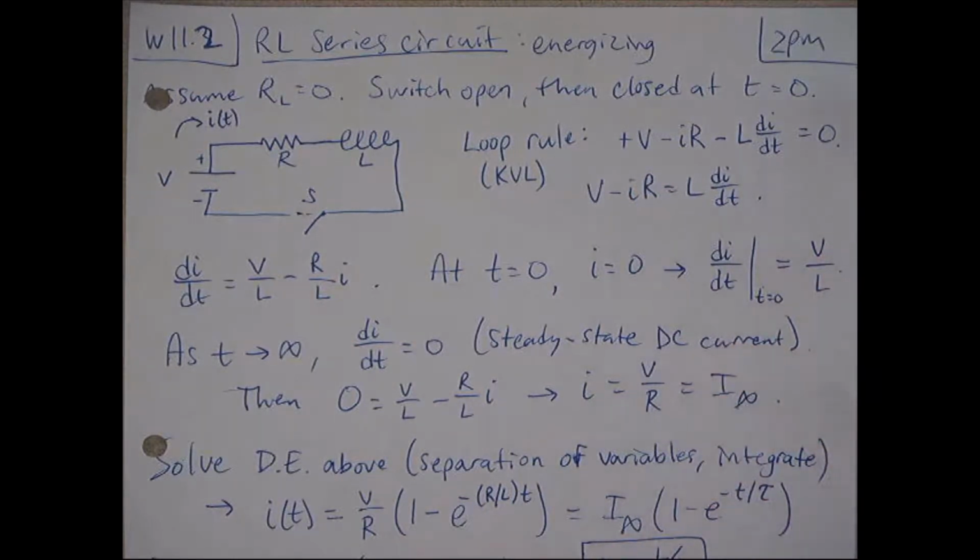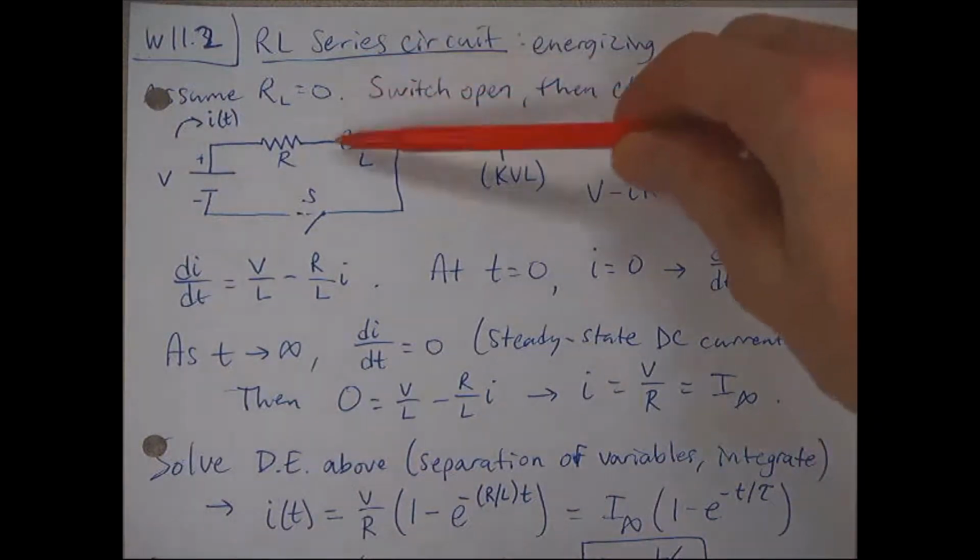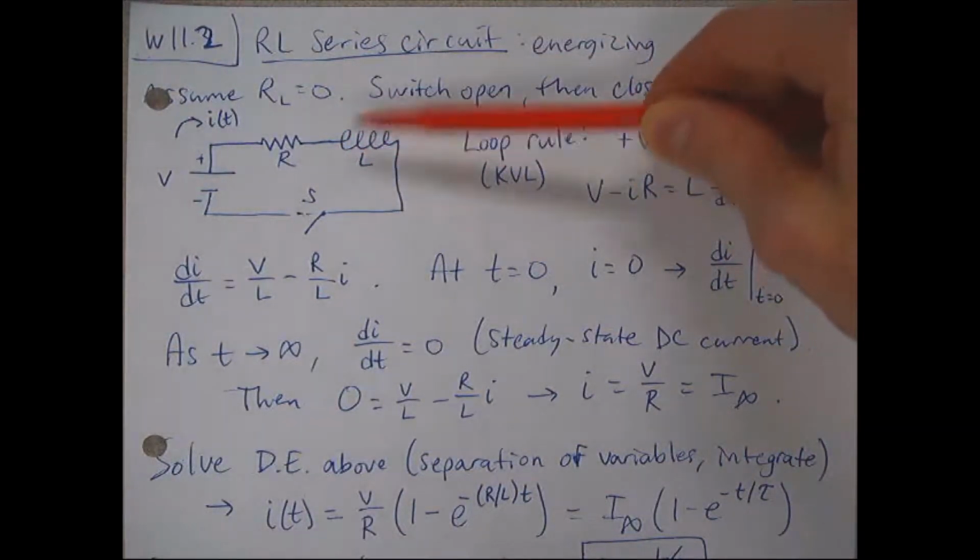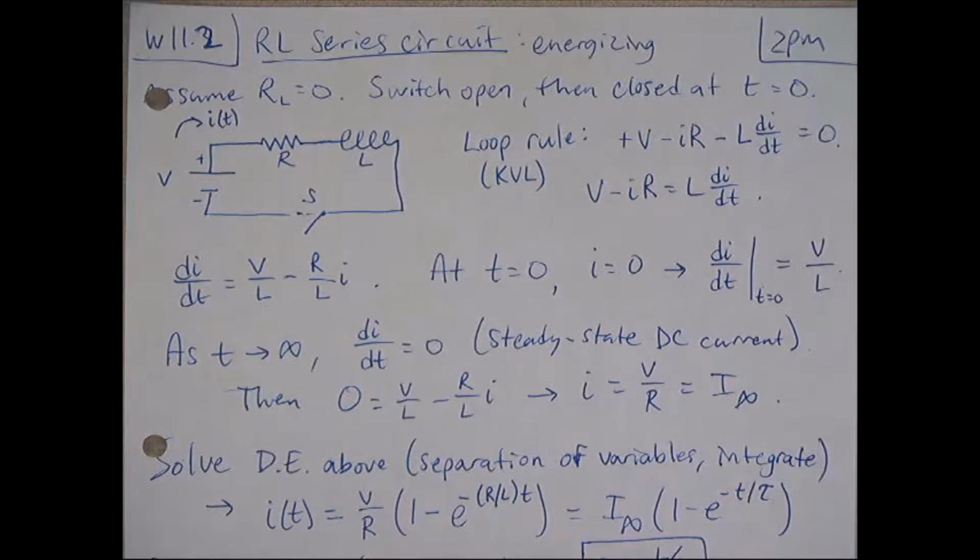In all of our discussions, our ideal inductors are going to have no resistance of their own. That's usually a decent assumption as long as your external resistance in the RL circuit is large. The resistance that is inherent in the wire wrapped around the core of the inductor will be negligible.